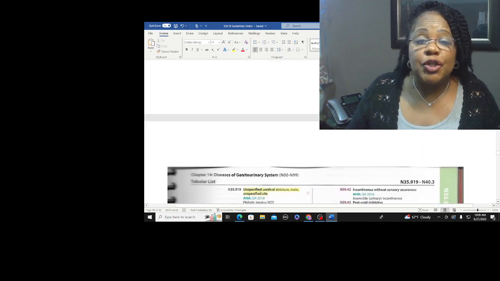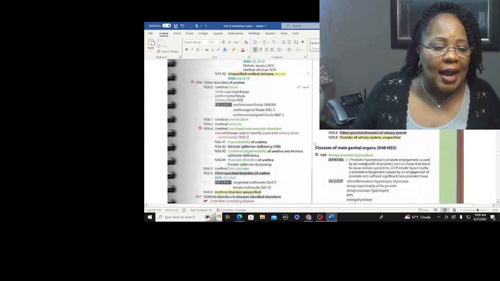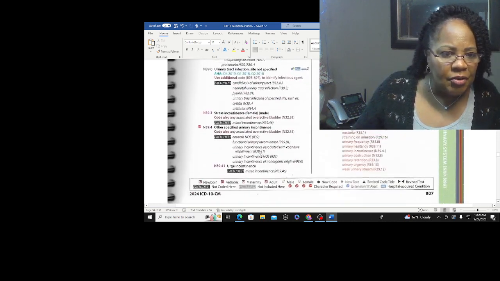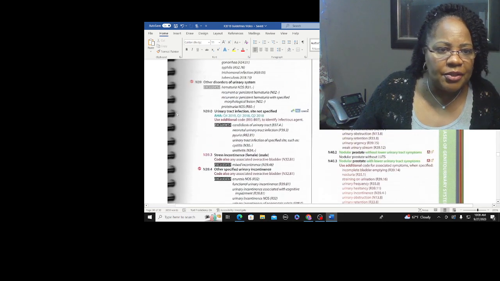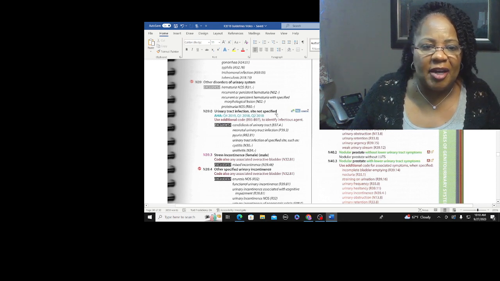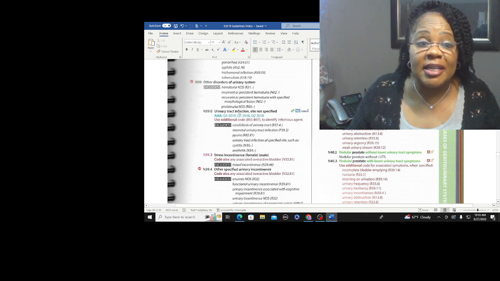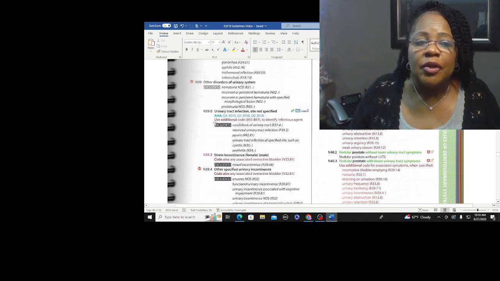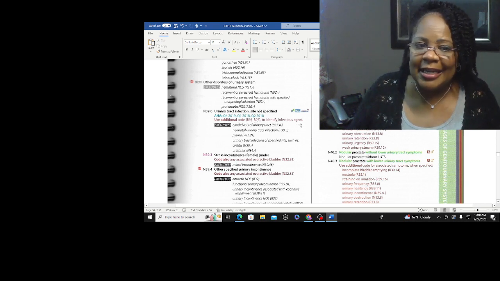You're going to learn that N39.0 is urinary tract infection. So N39.0 right there. Urinary tract infection site not specified. But if you have a urinary tract infection, you know it's an infection. It's telling you here, use an additional code from B95 through B97 to identify the infectious agent.